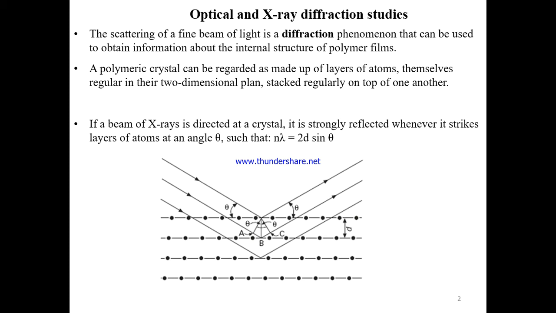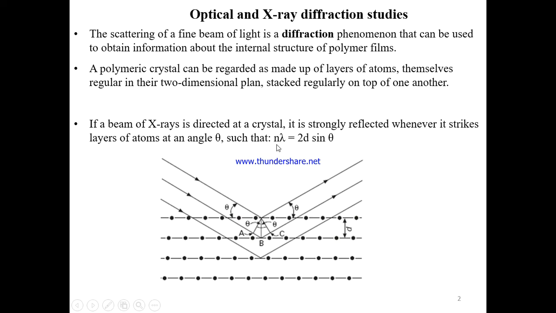Bragg's law is used to explain this phenomenon of diffraction, where lambda is the wavelength of the X-ray, d is the interplanar distance, which is shown here in this figure, theta is the incident angle, and n is an integer.